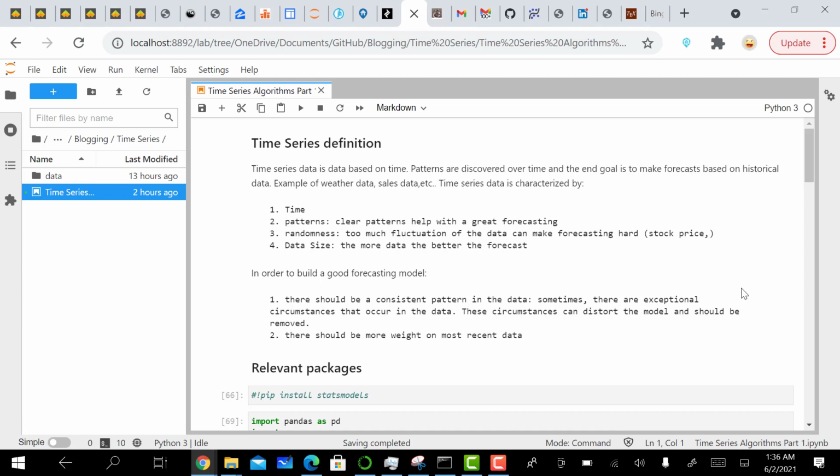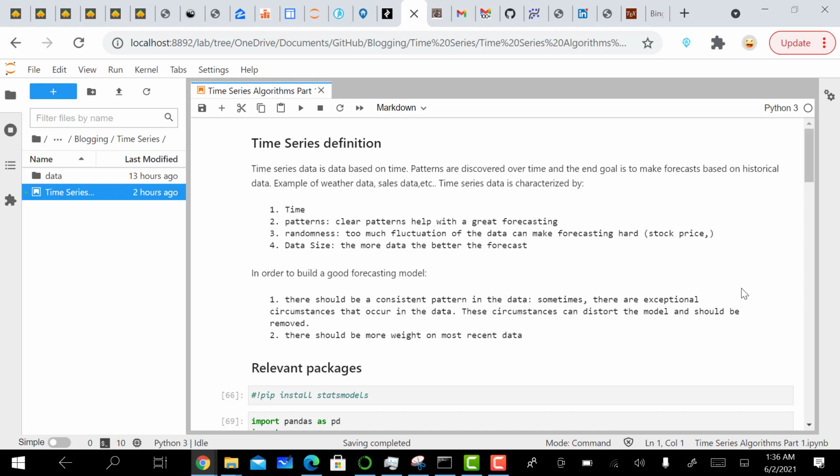There's one more important thing we need to recognize, which is randomness. Randomness is always an important component of a time series, because when you look at the equation, which I have not put here, we should always take randomness into consideration.